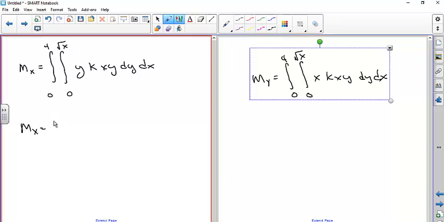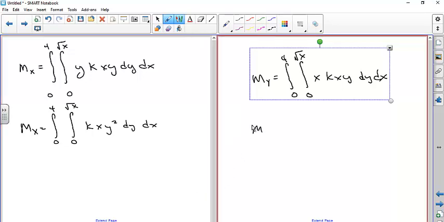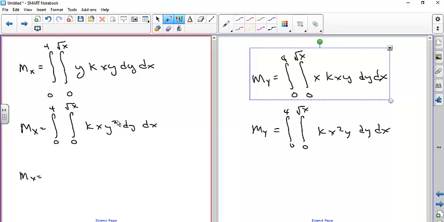So M sub x is the integral from 0 to 4, integral from 0 to the square root of x. First I'm going to combine these two terms and multiply them out. So you get k y times x y squared dy dx. Over here, we'll get k x squared y dy dx. So integrate with respect to y first.